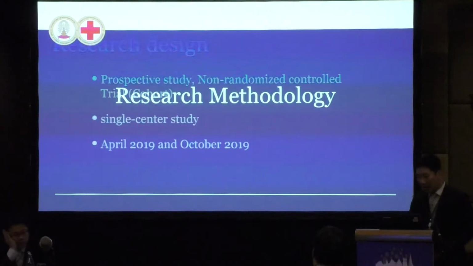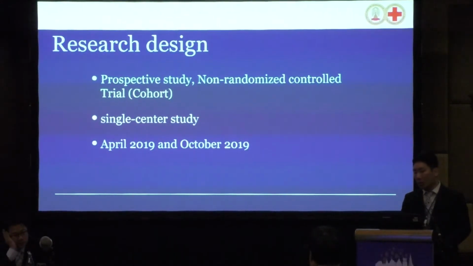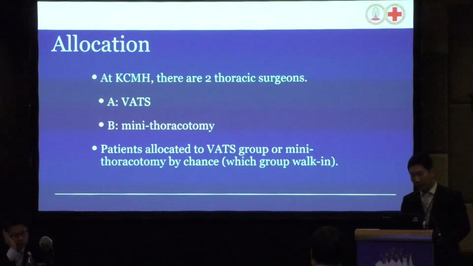This study was designed as a prospective non-randomized controlled trial, conducted between April and October 2019 at King Chulalongkorn Hospital. There are 2 thoracic surgeons. The first surgeon is dedicated to the VATS group and the second surgeon to the thoracotomy group. If the patient walks into the first surgeon, they are allocated to the VATS group. Otherwise, if the patient walks into the second surgeon, they are allocated to the mini-thoracotomy group.